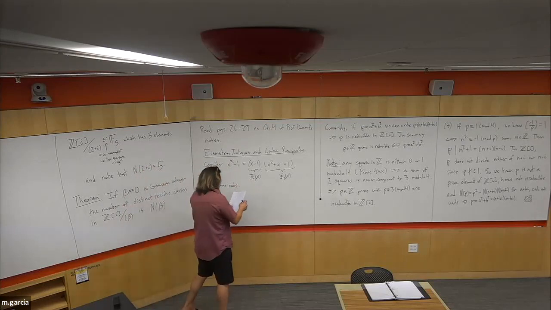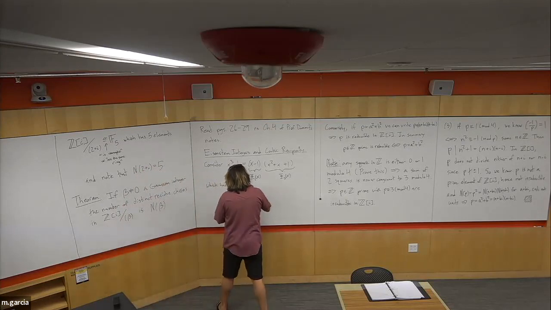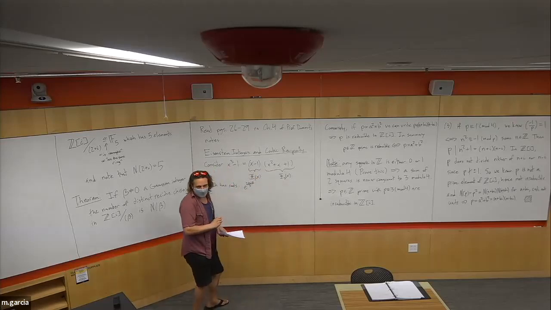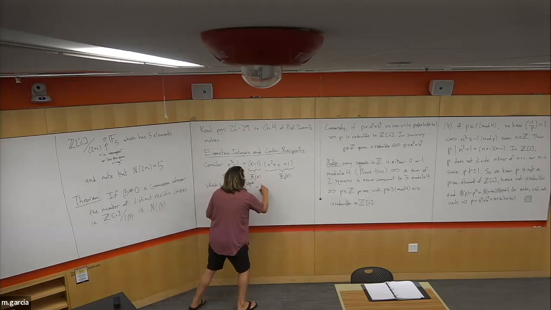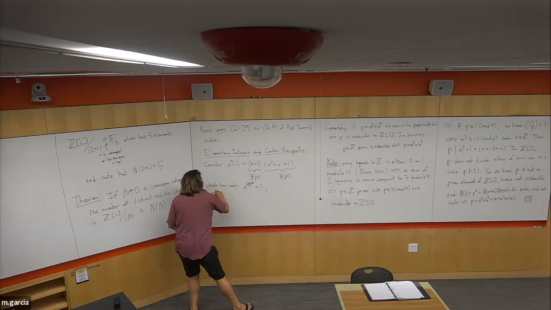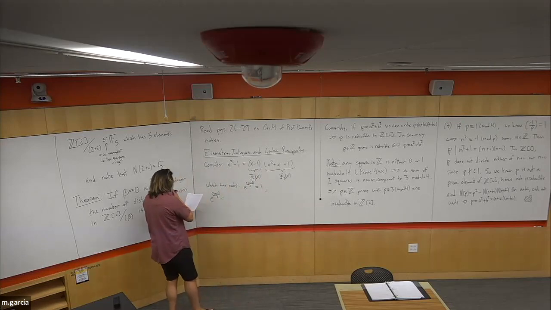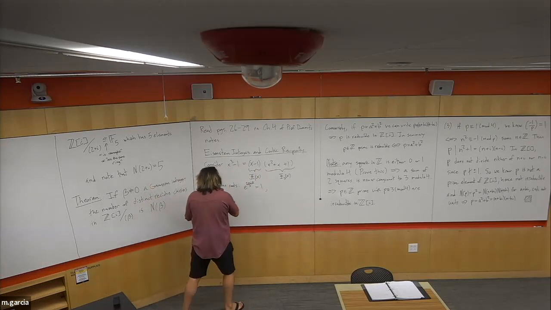Which has roots e raised to the 2 pi i over 3 times 0, or in other words, 1. e to the 2 pi i times 1 over 3, or by Euler's formula, what do we get here?